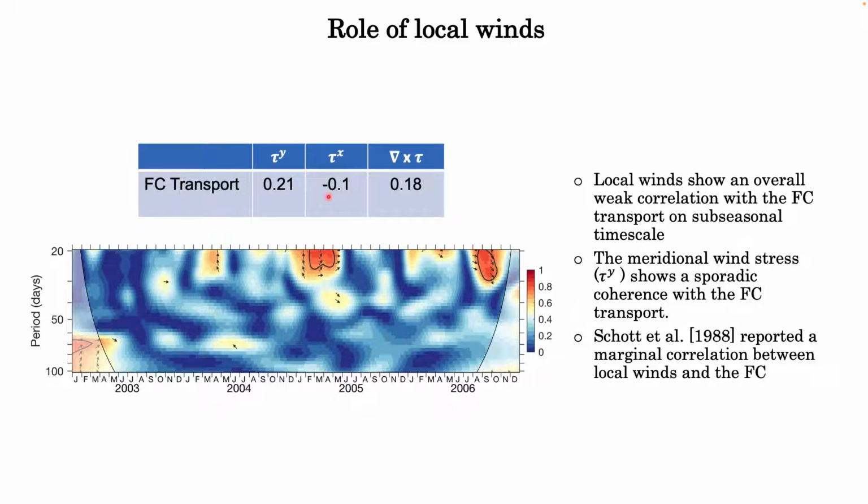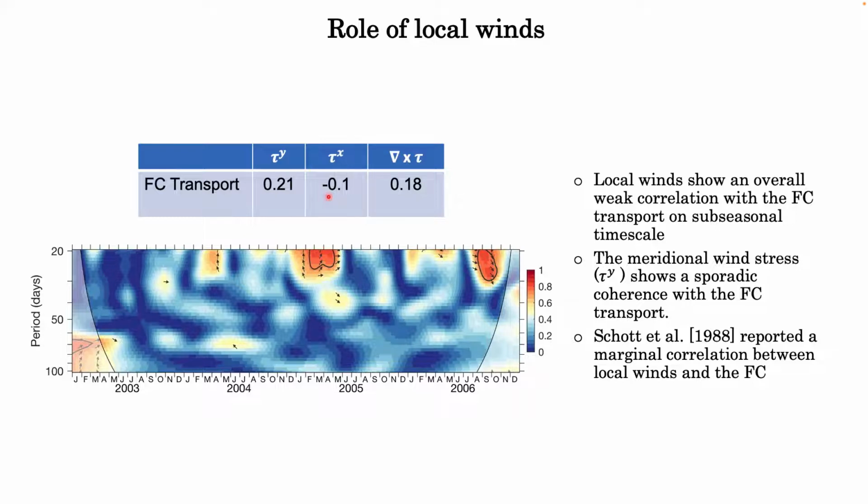And the correlation between the meridional wind stress and the FC transport is only 0.21. So using a linear approximation, the FC transport on subseasonal timescales that can be explained by this meridional wind stress is only 5%.